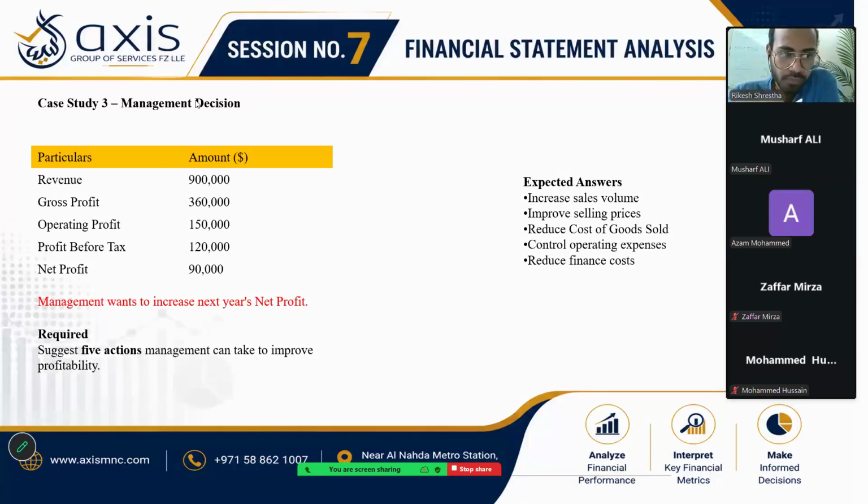Next question is management decision for the company. Here we need 5 suggested actions: increase the sales value, not the sales price. Increase the selling price, reduce the cost of goods sold, control the operating expenses, reduce the finance cost.